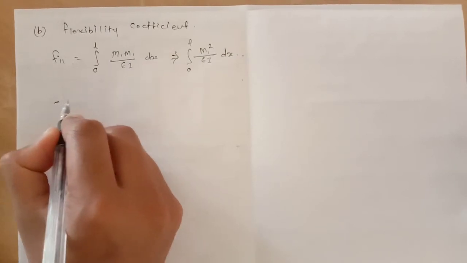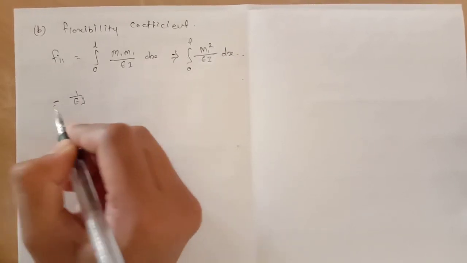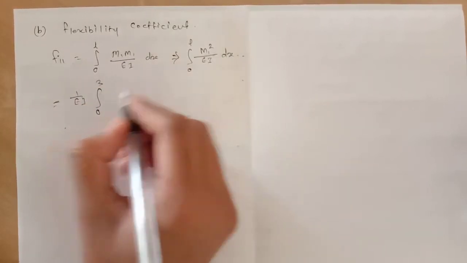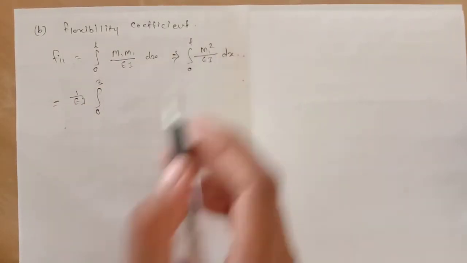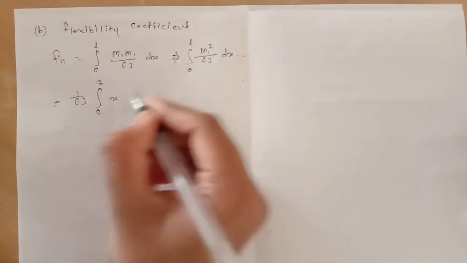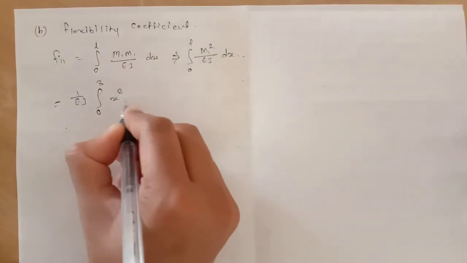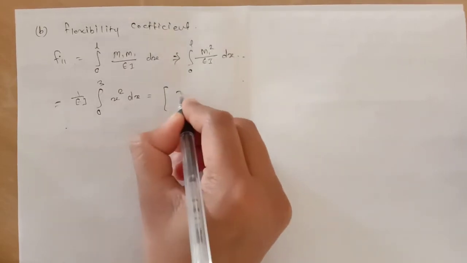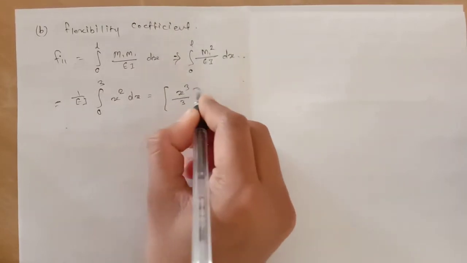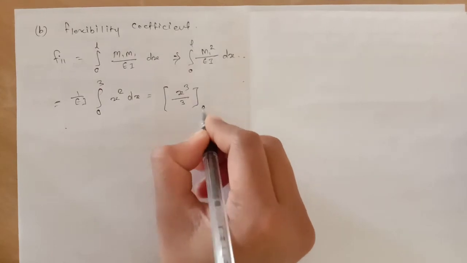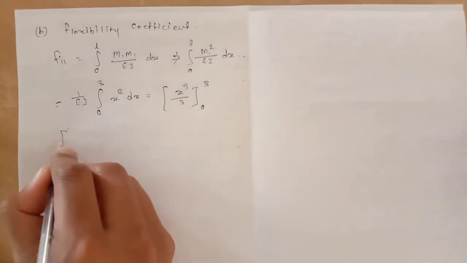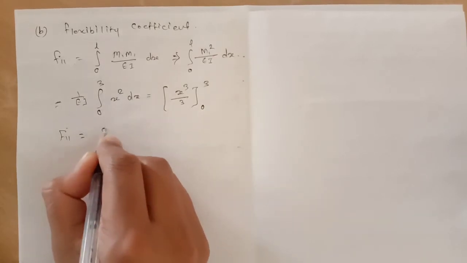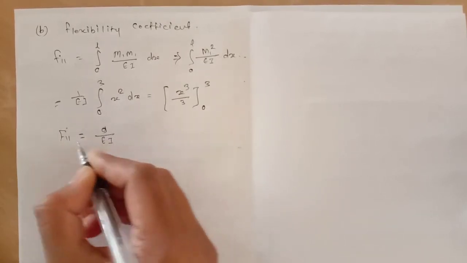Here 1 divided by EI is constant, integration limit 0 to 3. Then m1 is x, so m1 squared is x squared into dx. So the integration is x cubed divided by 3, with limits 0 to 3. Then f11, the flexibility coefficient, is equal to 9 divided by EI.